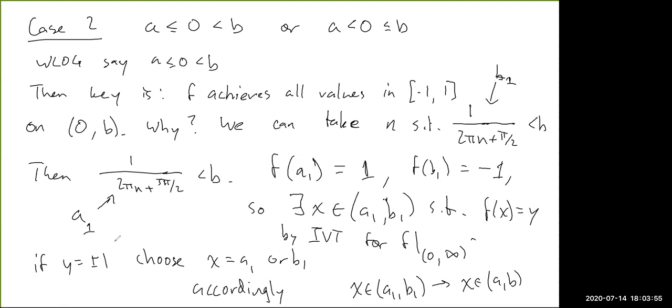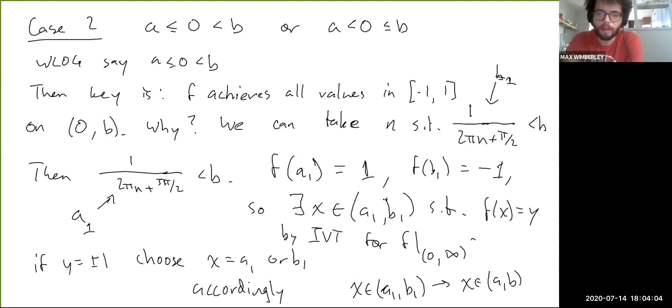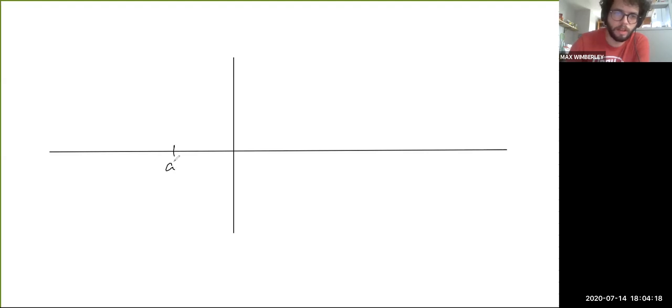I'm kind of confused about that last thing you wrote, the last implication. This here? Yeah. Because A1 and B1 here, let me just draw a diagram. We're assuming that A is over here and then B is over here. And A could possibly be 0, it doesn't really matter.